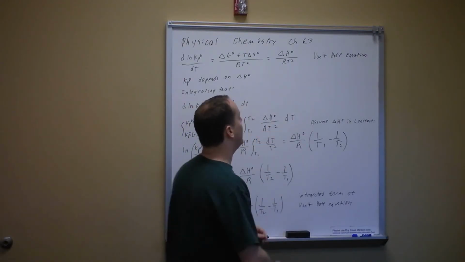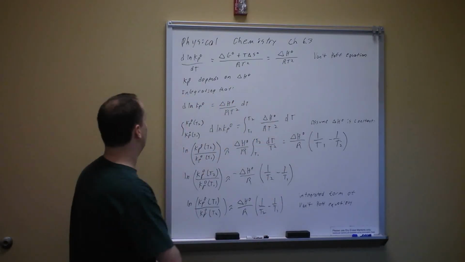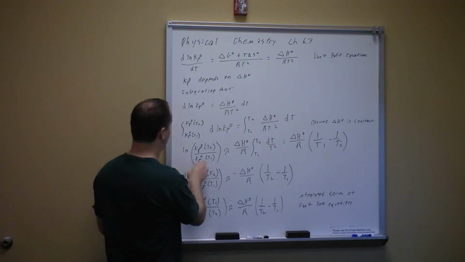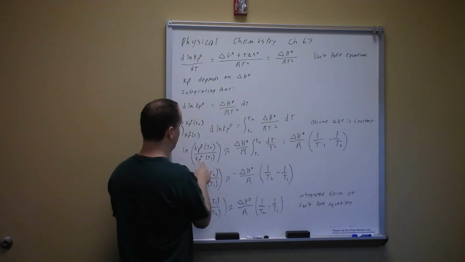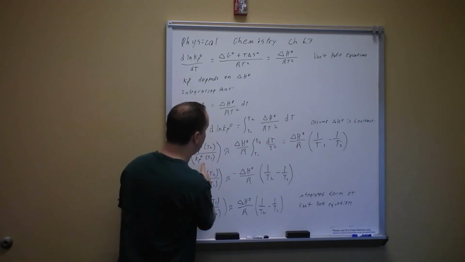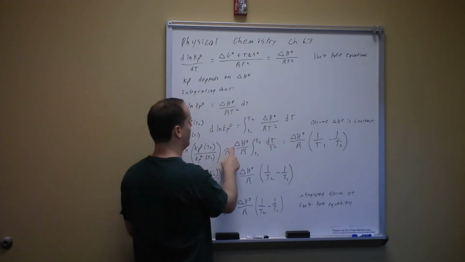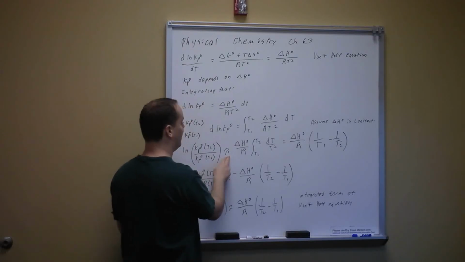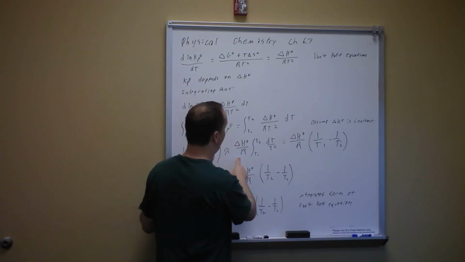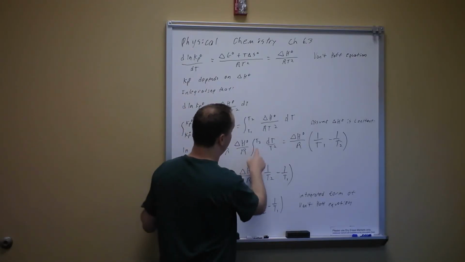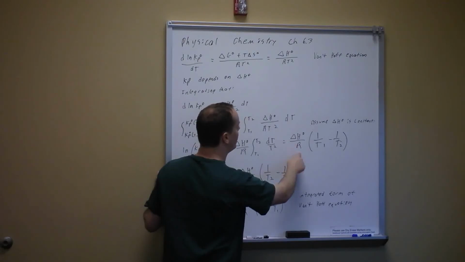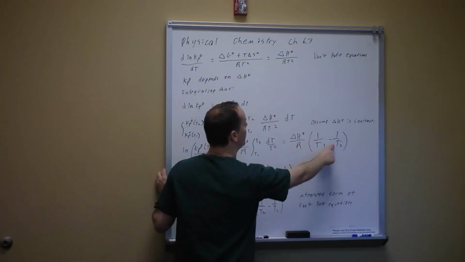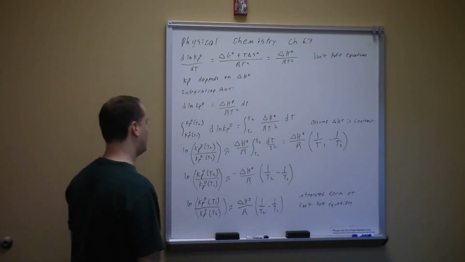Then we're going to assume that delta H naught is constant with temperature. So this side is just going to become the natural log of Kp naught of T2 over Kp naught of T1. Since we're assuming delta H naught is constant, this is roughly equal to delta H naught over R times the integral from T1 to T2 of 1 over T squared with respect to T. So that's going to be delta H naught over R times 1 over T1 minus 1 over T2.